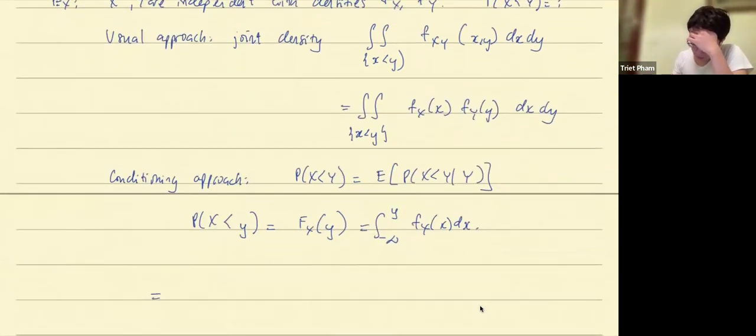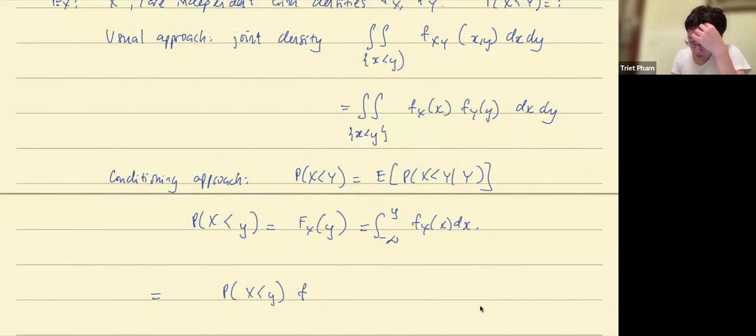Remember, the inside is on the X and the outside is on the Y. So the inside will be the probability of X less than a particular value of Y, because now we know what that is. And then the outside is on the Y, so the outside will be with respect to the density of Y itself.